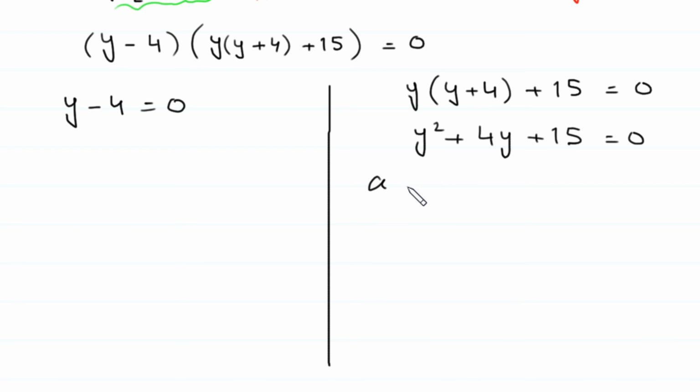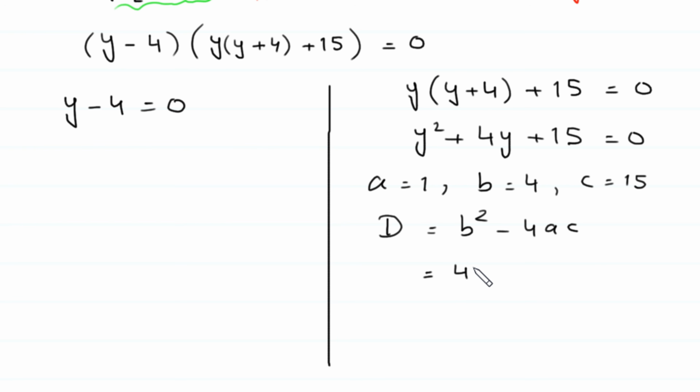In this equation, a is equal to 1, b is equal to 4, and c is equal to 15, and discriminant is equal to b square minus 4ac is equal to 4 square minus 4 times value of a 1 times value of c 15, that is equal to 16 minus 60, which is minus 44.